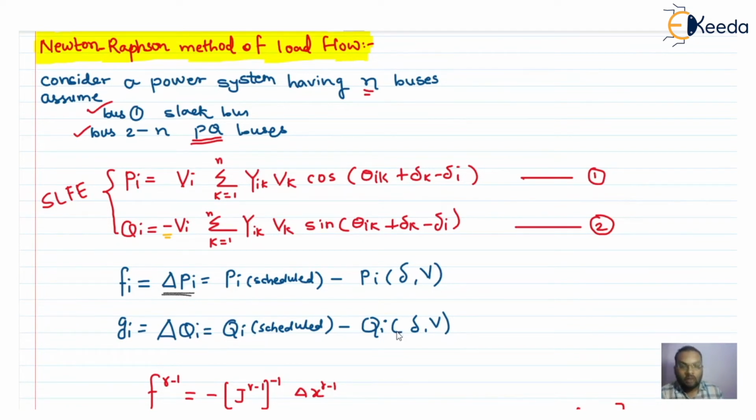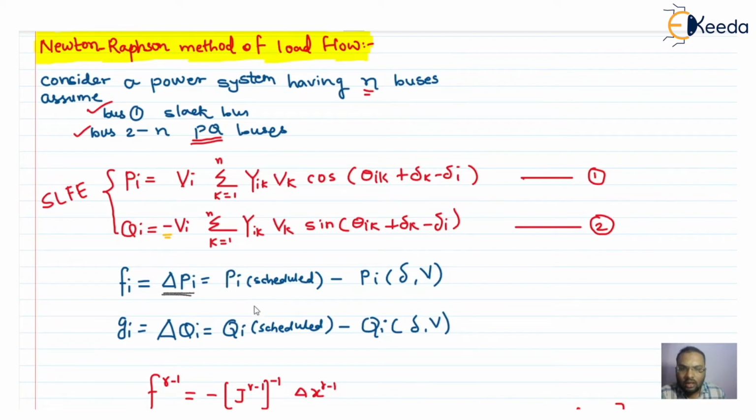Now please try to understand one point here. These scheduled values are constant values, because once we decide the scheduling, that becomes a constant value.